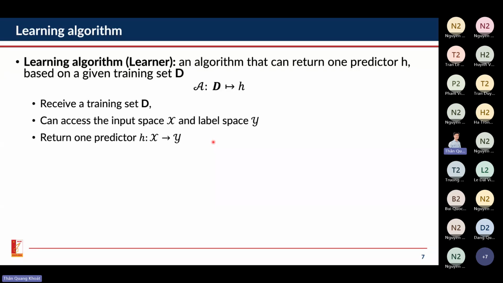And in order to find that specific model, we need an algorithm that receives one data set, one training set, and then produces one specific model. In that case, we call it the learning algorithm, or sometimes the learner. In fact, we can consider a learner to be a mapping from one training set to one specific model.